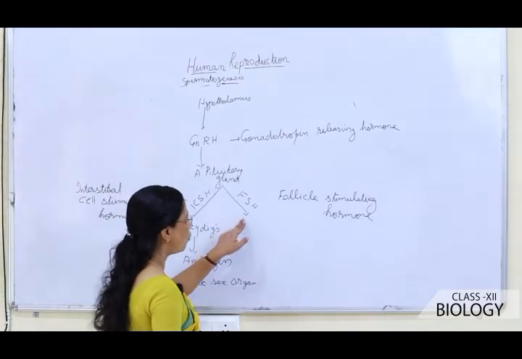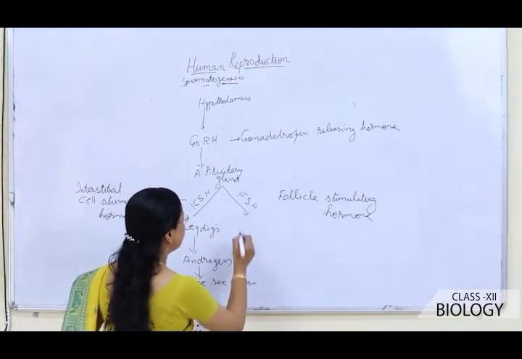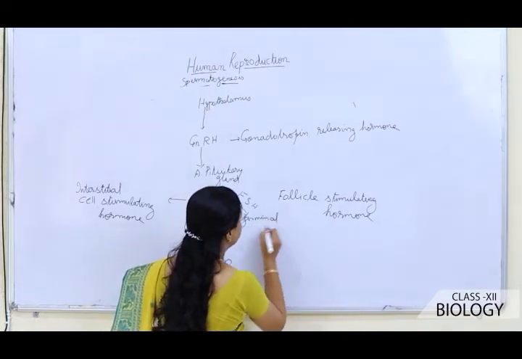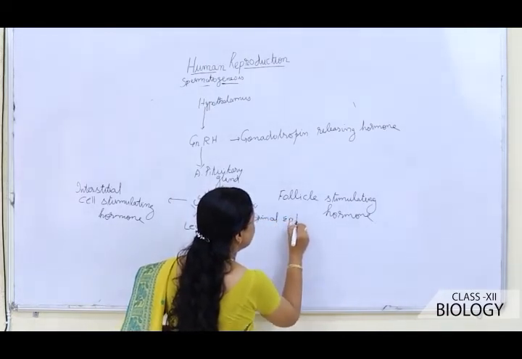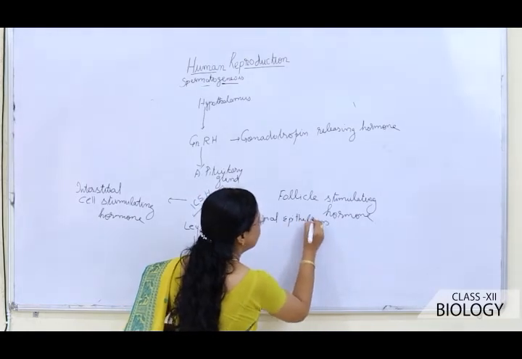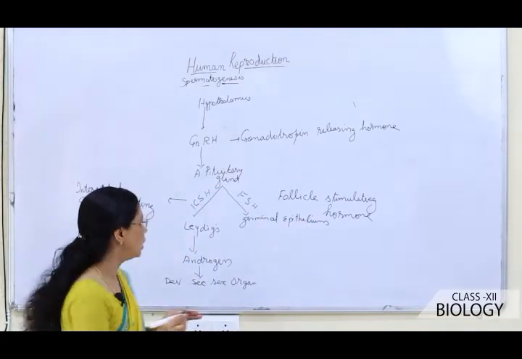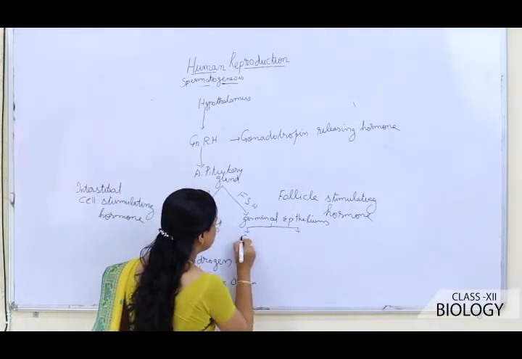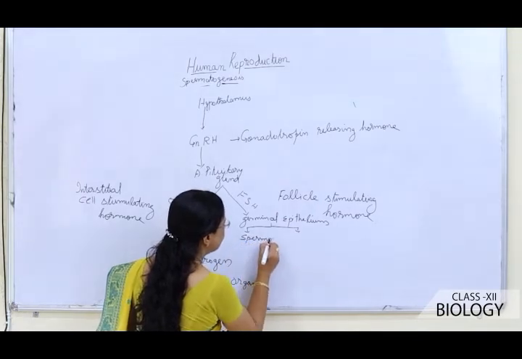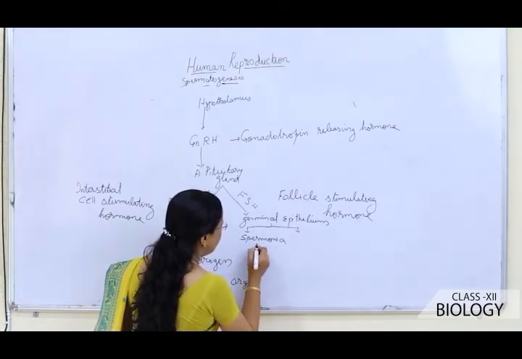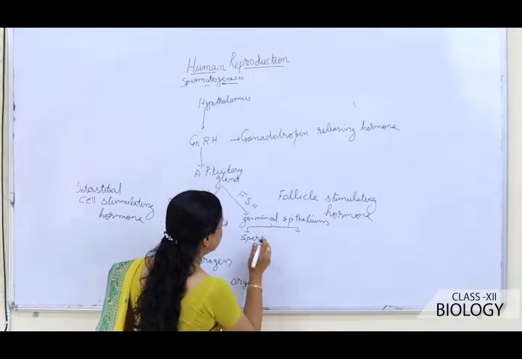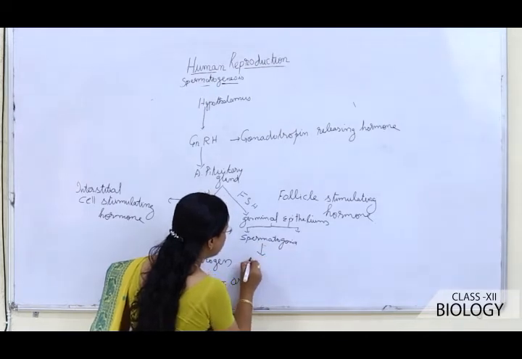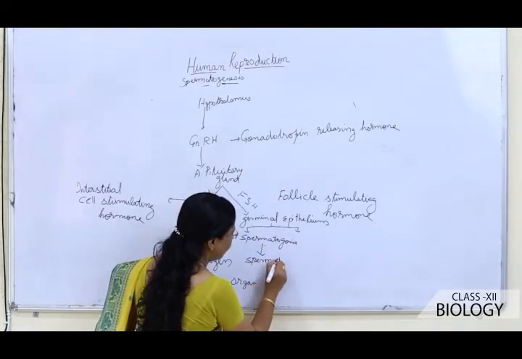Next, the follicle stimulating hormone stimulates the germinal epithelium. Where is this germinal epithelium present? It is present inside the seminiferous tubule. So it stimulates the formation of spermatogonia, which develop into spermatid.